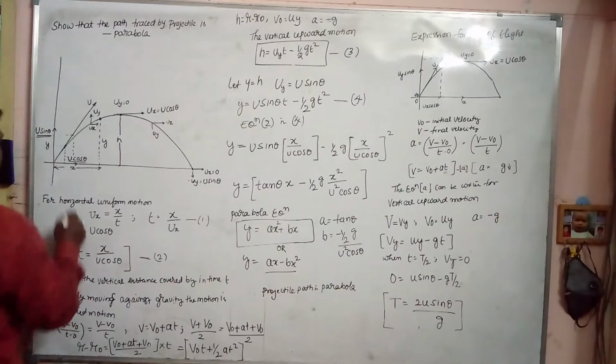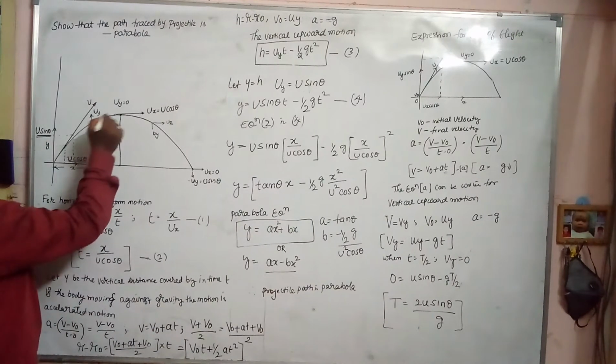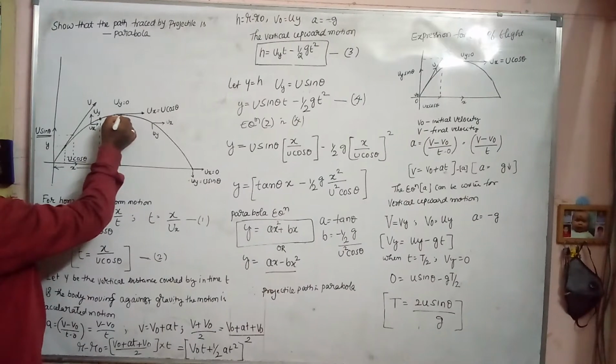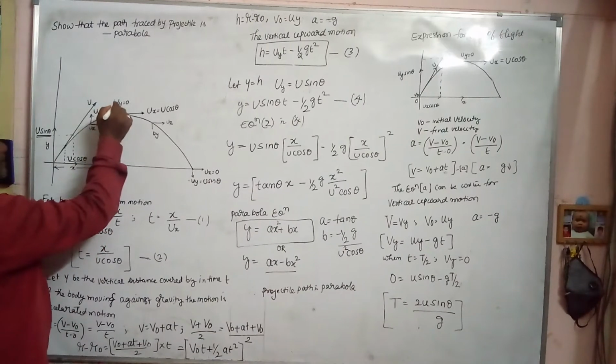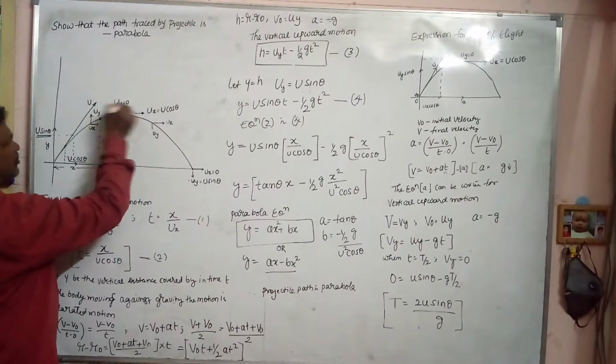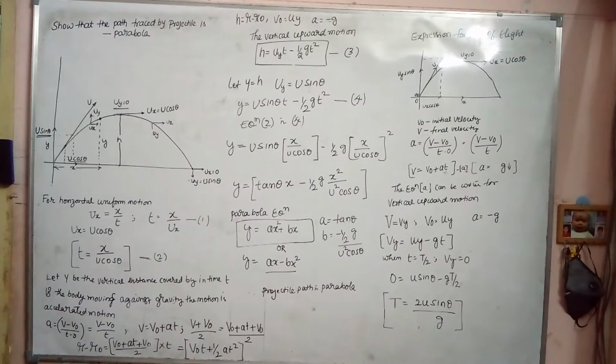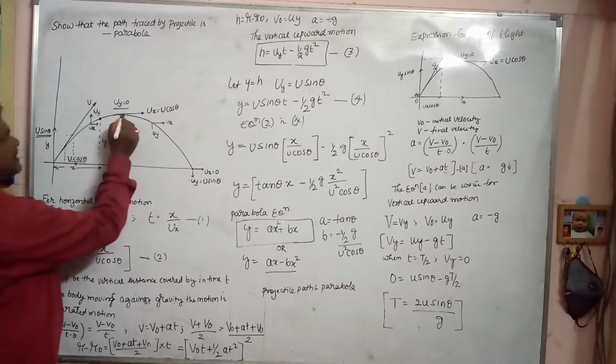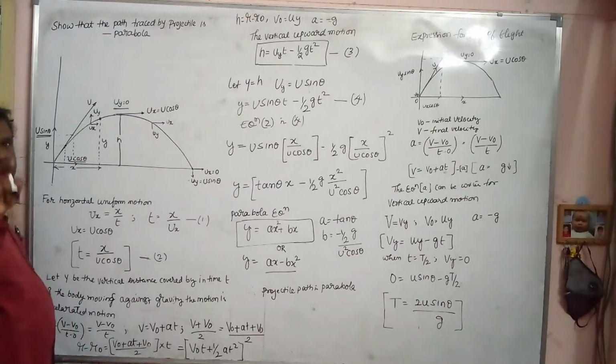When this particle is at the place where the maximum height is reached, the vertical component uy is 0. It will not go further. That's why uy is 0. But the horizontal component still exists.